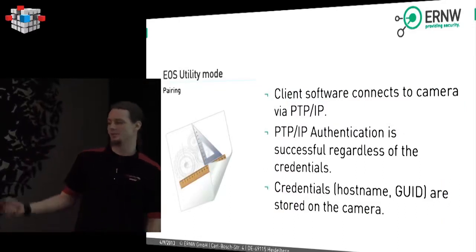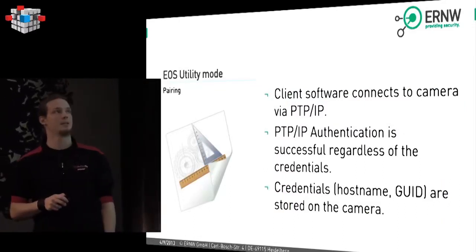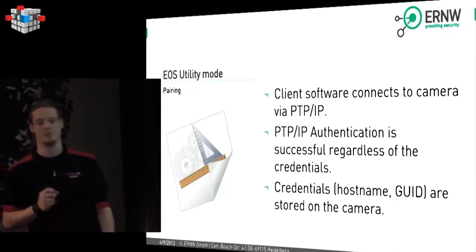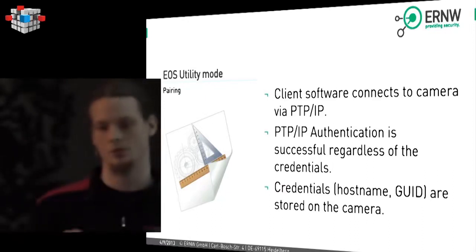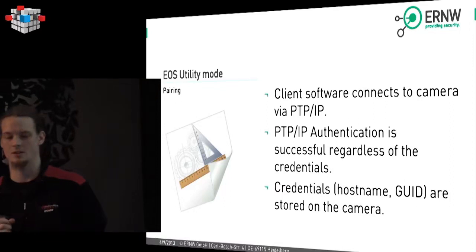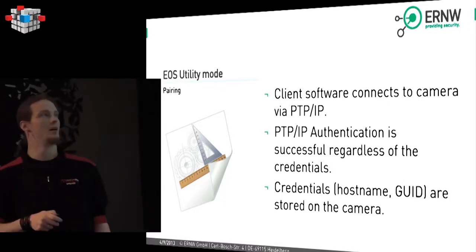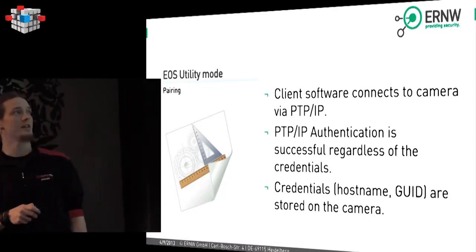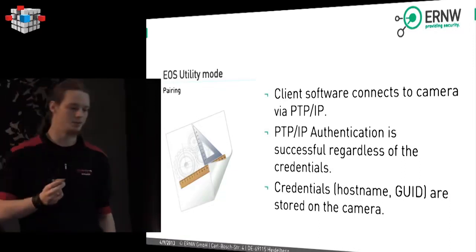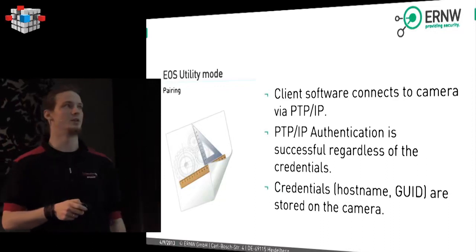Okay, afterwards, the client software connects to the camera, in this case via PTP-IP, to initialize the exchange of authentication material. You get an authentication field inside of PTP-IP, which is used to transmit the authentication data you want to use.